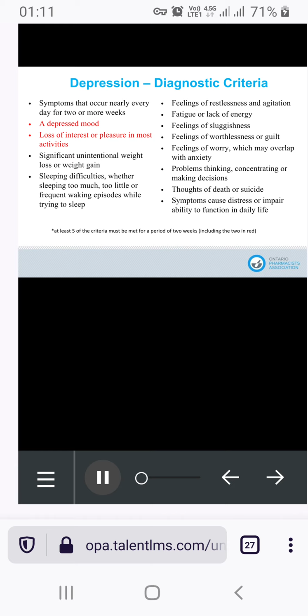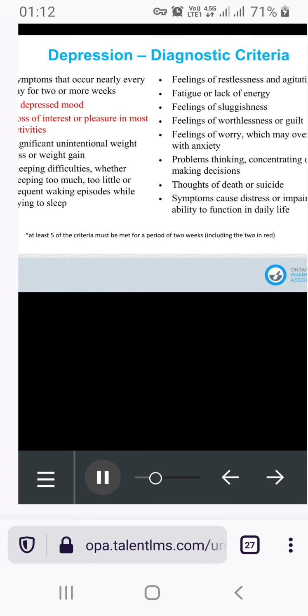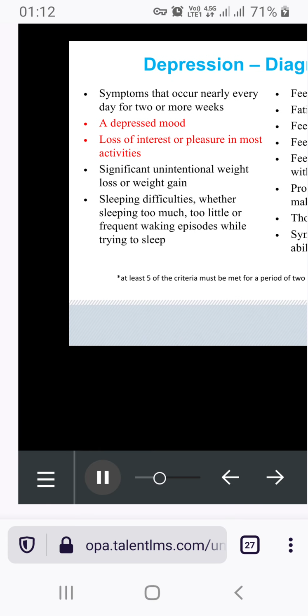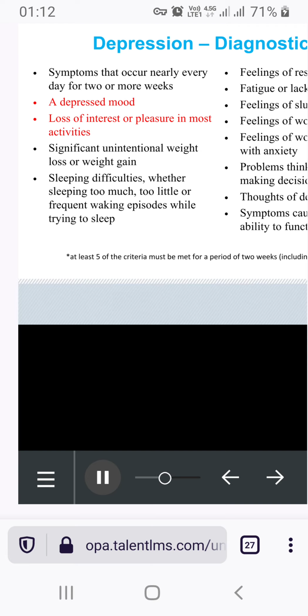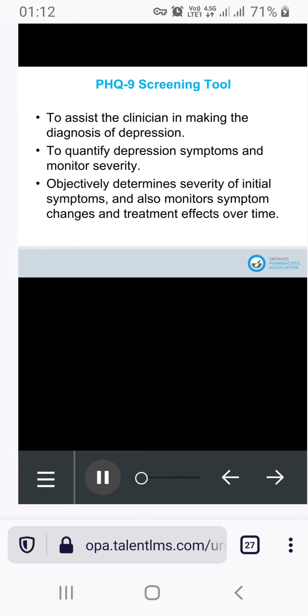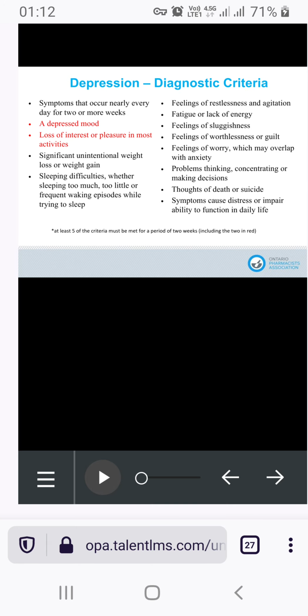Depression diagnostic criteria: symptoms that occur nearly every day for 2 or more weeks. Depressed mood. Loss of interest or pleasure in most activities. Significant unintentional weight loss or weight gain. Sleeping difficulties, whether sleeping too much, too little, or frequent waking episodes while trying to sleep.